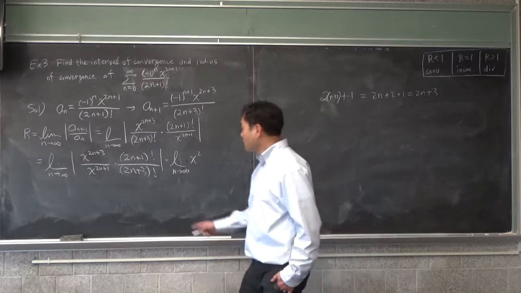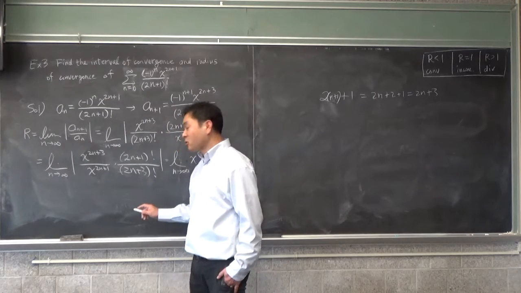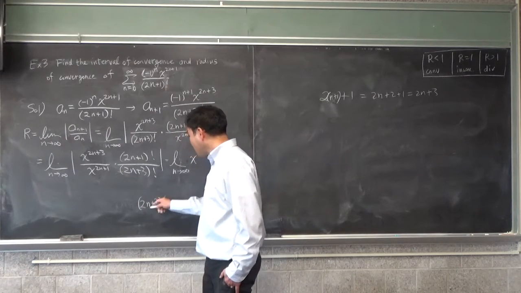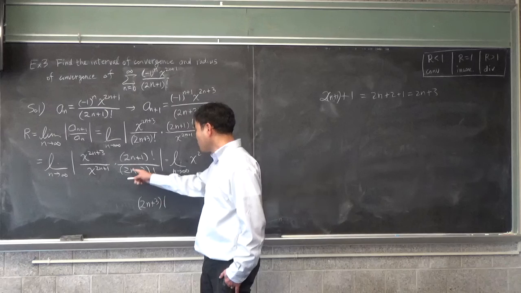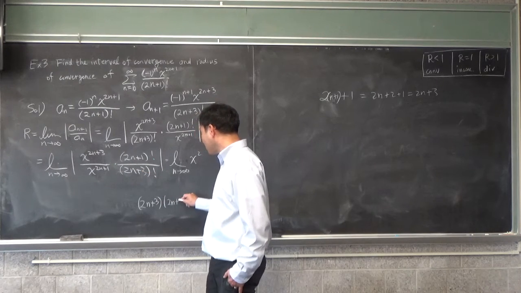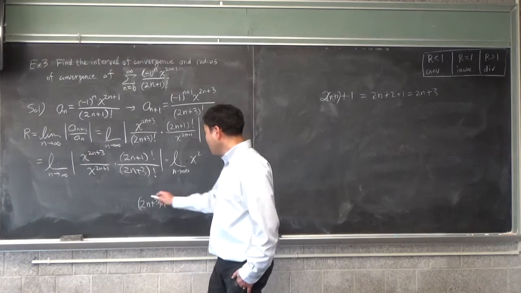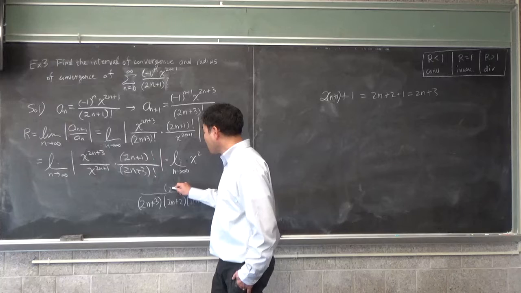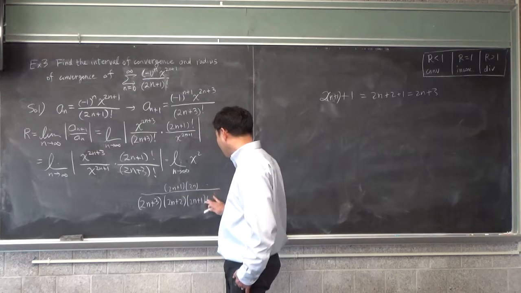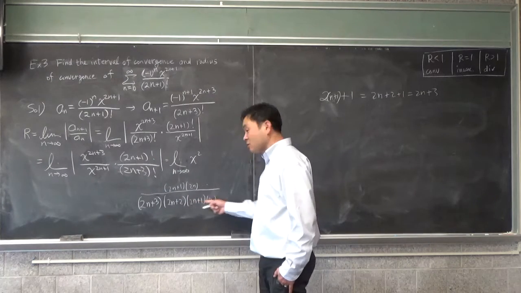See, if you rewrite 2n plus 3 factorial, what's a factorial? You write that number, but then everything that's less than it gets multiplied, right? So 2n plus 3 factorial is like 2n plus 3 times 2n plus 2 times 2n plus 1, and so on and so on. And on the top, you start from 2n plus 1, and then you go down, 2n, and so on. But once you write it like that, you see that this part is exactly the same as that part.